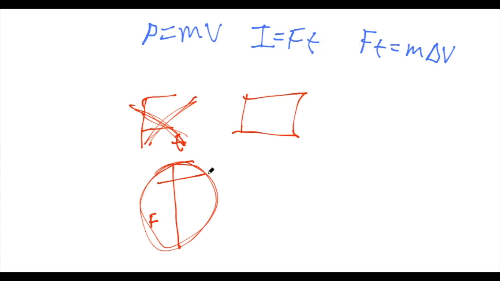Okay, so let's take a look at this last formula then. That's where we're going to camp out for a little bit. What this last formula shows us is that I need an impulse in order to change my object's state of motion. In order to change the velocity of an object, I need to have this impulse, or this force and this time.